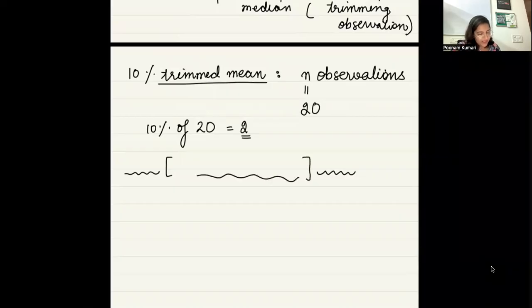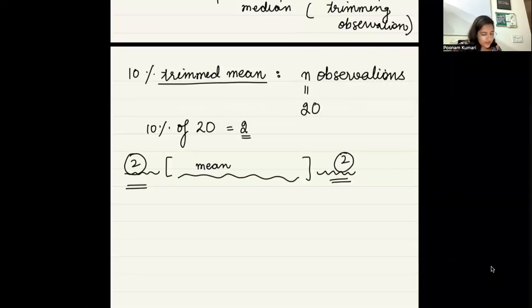There are 16 observations left now, right? So you find the mean of those 16 values. This is how you find the 10% trimmed mean.